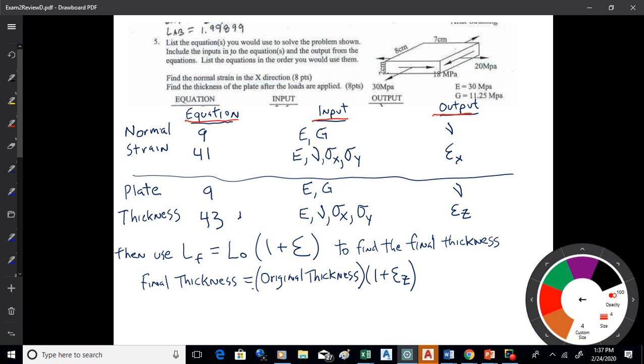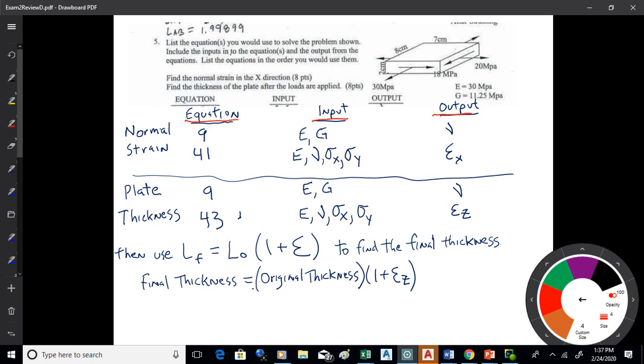To get the normal strain, first I'm going to find what nu is. I've been given E and G, but I need nu, Poisson's ratio, which is a material property. I can use equation 9 to do that. I'm going to put E and G into equation 9, and I will get nu out of it. That's the first thing I would need to do.